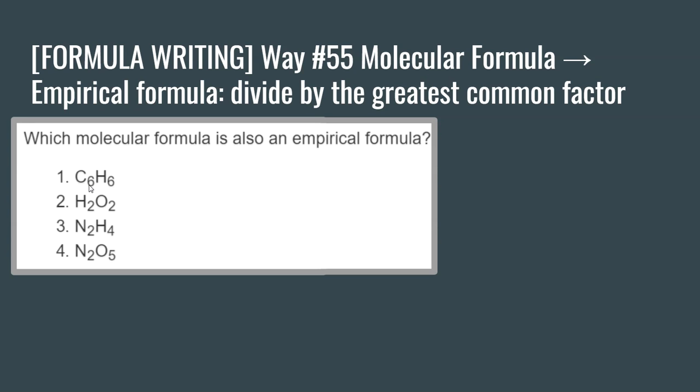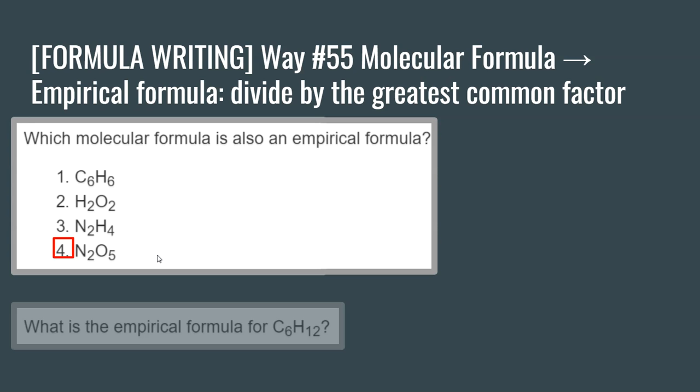Notice that choices 1, 2, and 3 all can be divided by some common factor between the two subscripts. 6 to 6 can be divided by 6, 2 over 2 could be divided by 2, and 2 to 4 could be divided by 2. But the only answer choice that cannot be reduced is choice 4. Therefore, N2O5 is a molecular formula as well as an empirical formula.